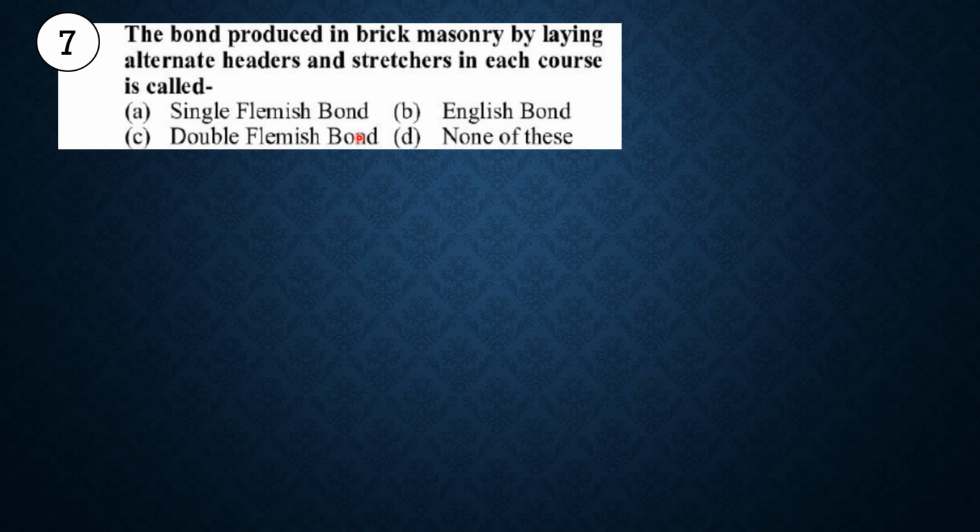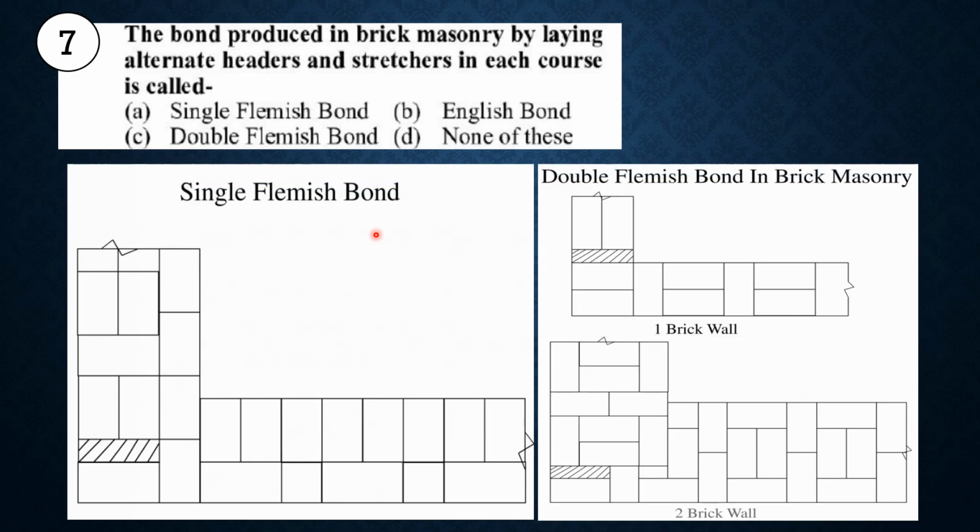Then the bond produced in brick masonry by laying alternate headers and stretchers in each course is called Flemish bond. In the Flemish bond there are alternate stretchers and headers. But the Flemish bond is divided into two types. The first is single Flemish bond, the second is double Flemish bond.